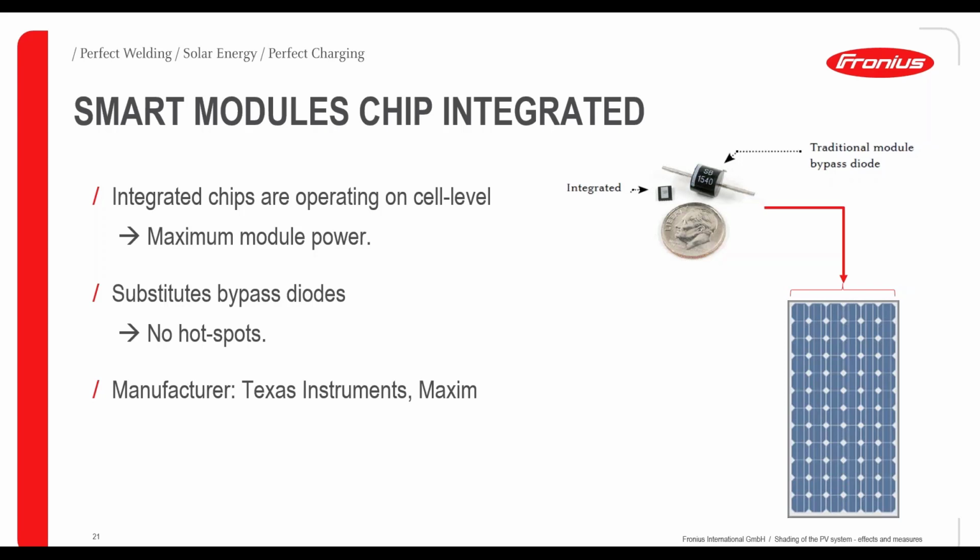Actually that substitutes the bypass diodes, so it's also a benefit regarding hotspots. There are no hotspots anymore, which we could have with the bypass diodes. And just to mention a few manufacturers here, Texas Instruments is working on such solutions, and also Maxim. So you can ask your wholesaler, for example, do you offer such smart modules from Maxim Integrated?